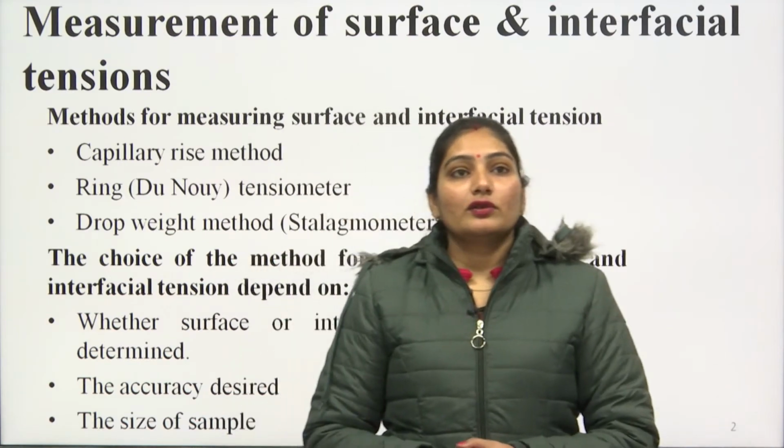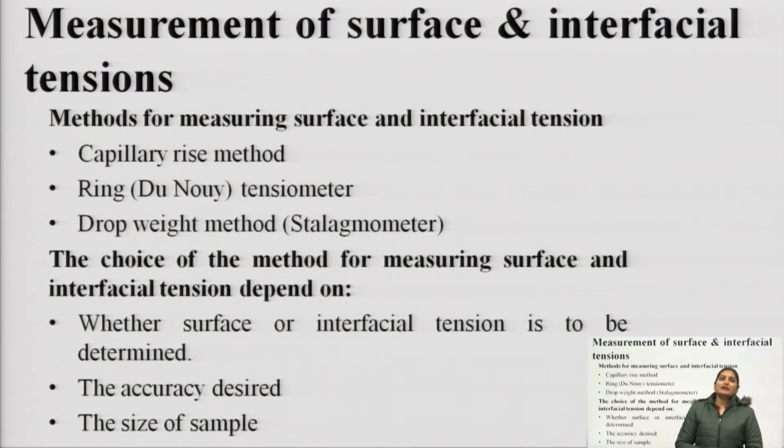First of all, there are certain methods for measuring the surface and interfacial tension, and these methods are the capillary rise method, the tensiometer method, the ring Du Noüy tensiometer, and the drop weight method, that is done with the help of a stalagmometer.